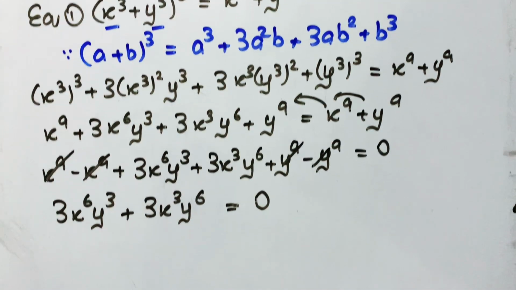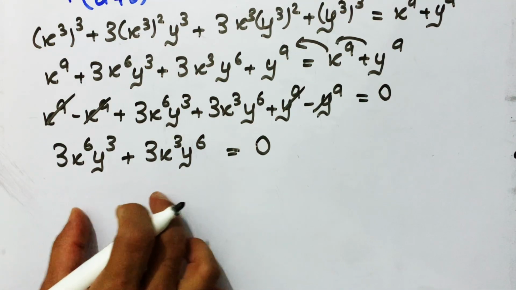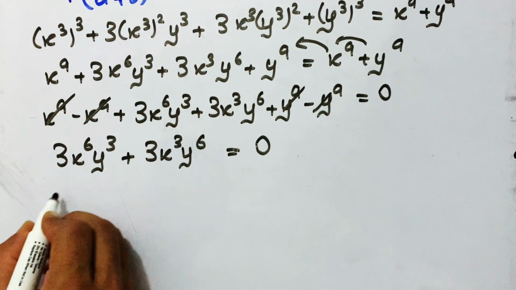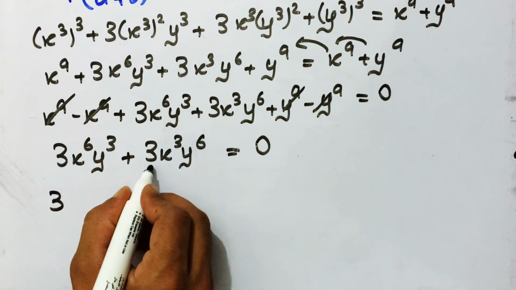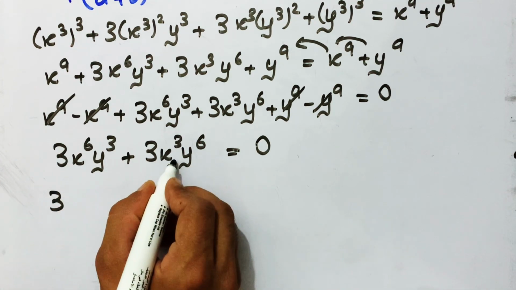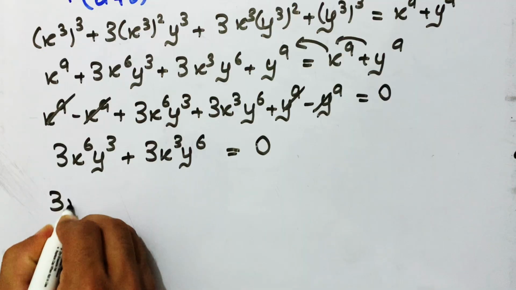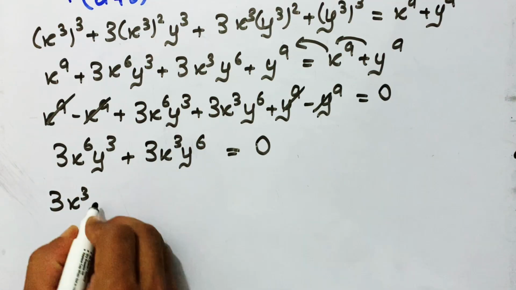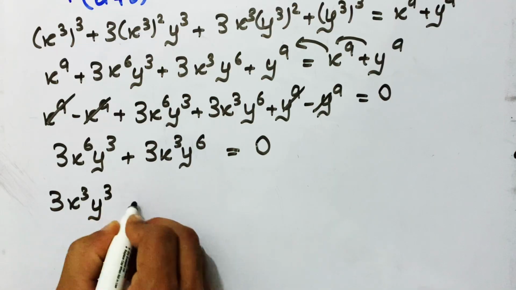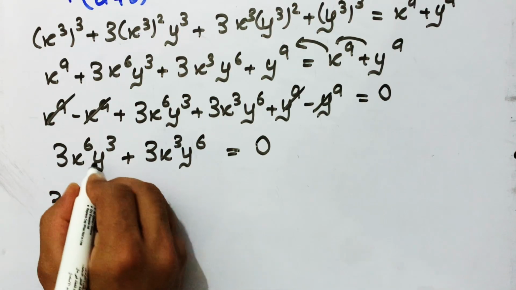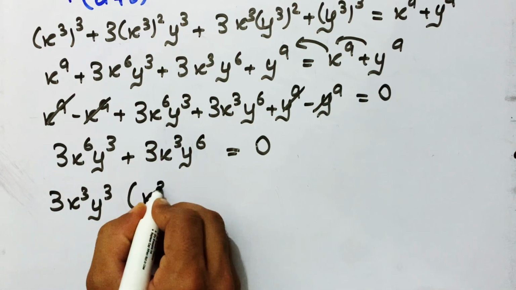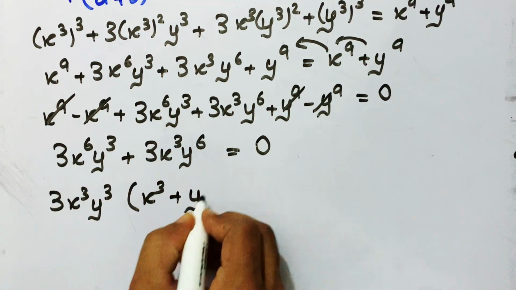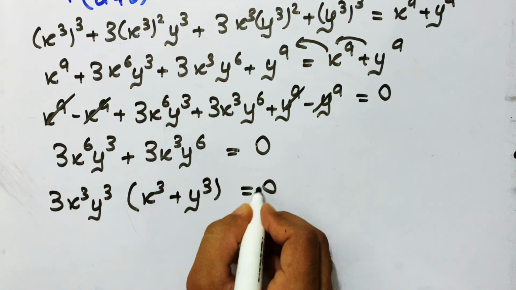Now I see two different terms, but they have something in common. 3 is common, x cube is common, and y cube is common. So our remainder is 3x cube y cube times (x cube plus y cube) equals 0.